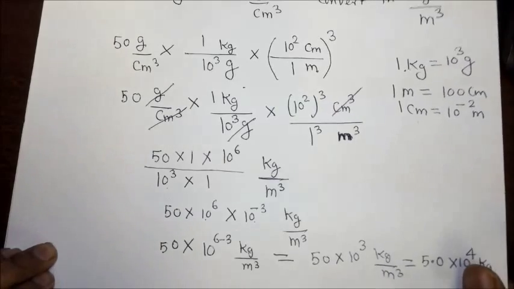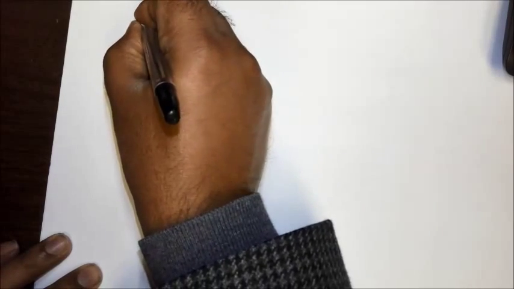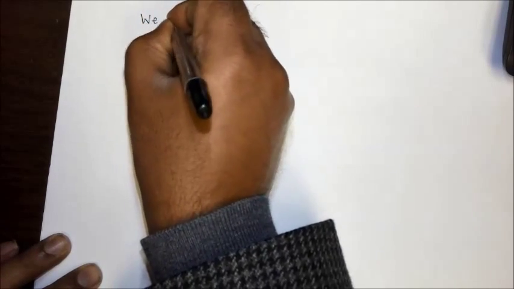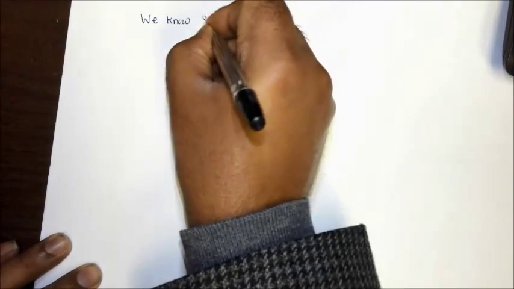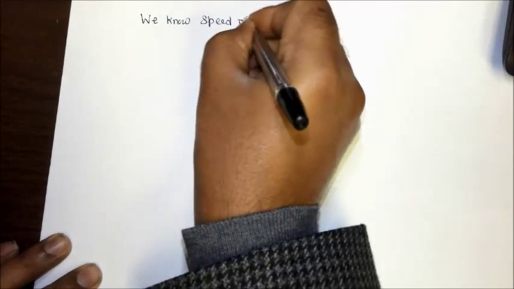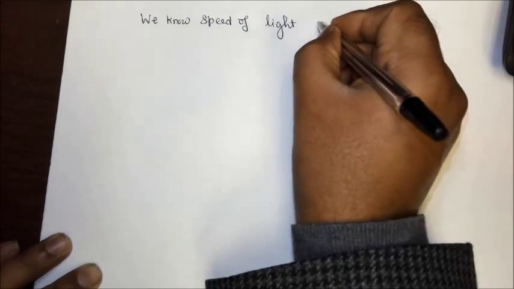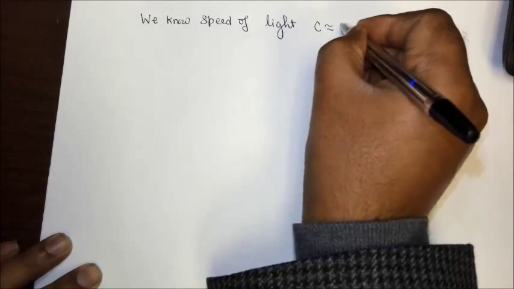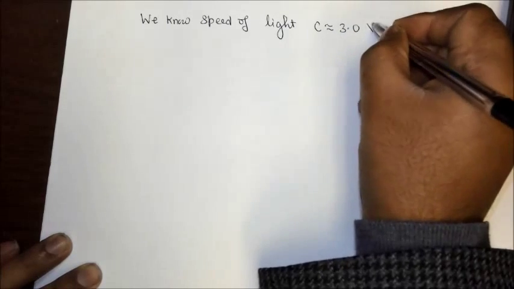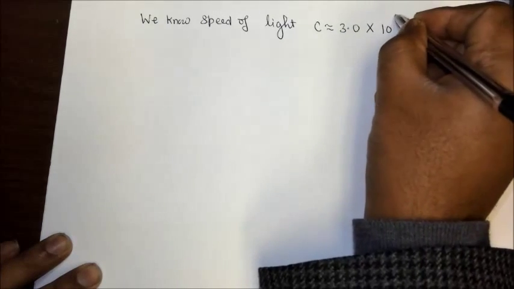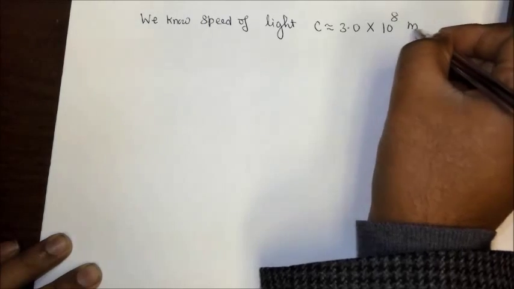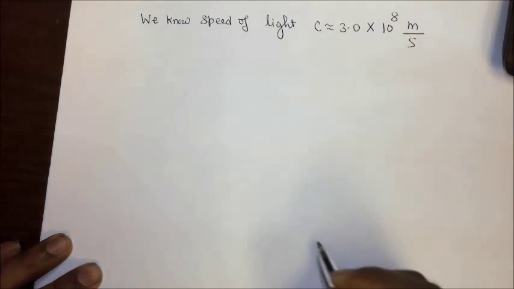Let's do one more example. We know the speed of light in free space is approximately 3.0 times 10 to the power 8 meter per second.